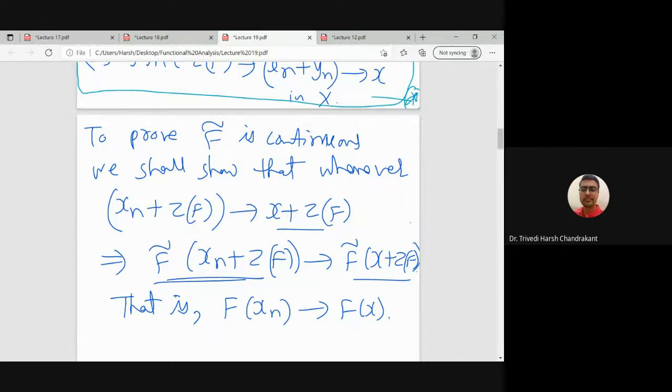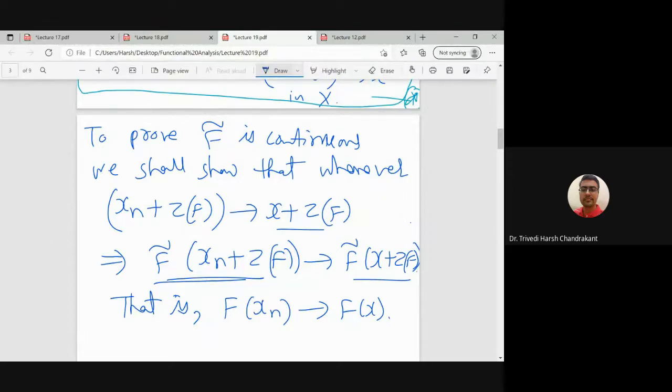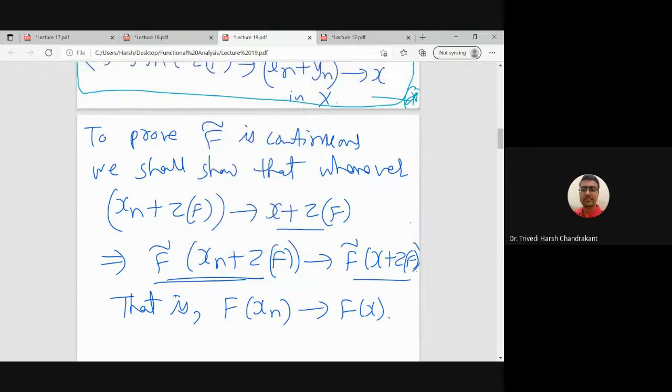So what we need to prove is that whenever xn plus kernel f converges to x plus kernel f, f of xn converges to f of x, right? If we can show that, then f tilde will be a continuous function, right?